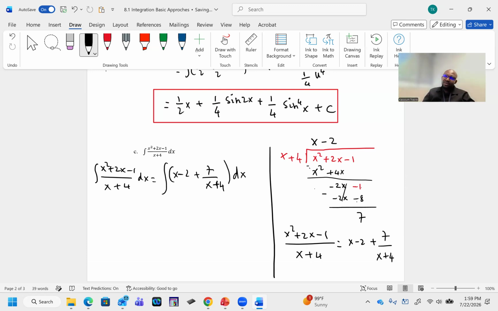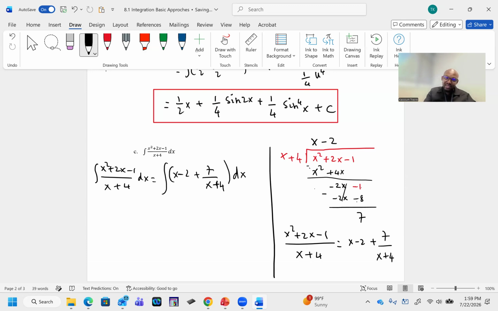And then now we can go ahead and find this integral. We know if you want, we can separate this into two integrations as well, or you can do it as one, because by looking at this one, you need to know this is what?